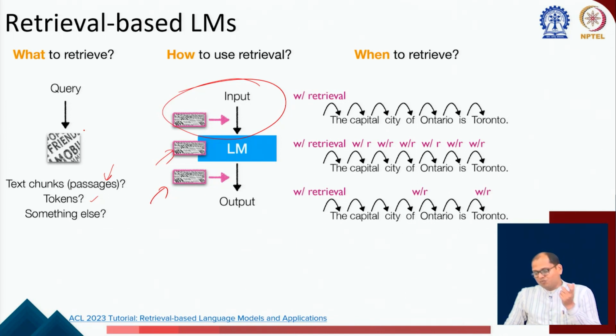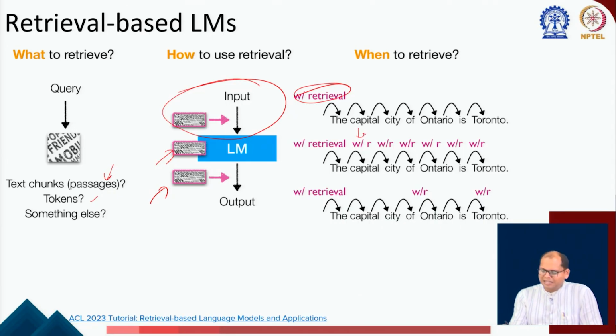And then the next thing is, when do you want to retrieve? You are doing a generation task, it may be a long text generation task. So when should I retrieve? Should I retrieve only at the input and that's all, and continue with the generation, or after every token that you generate you do the retrieval?